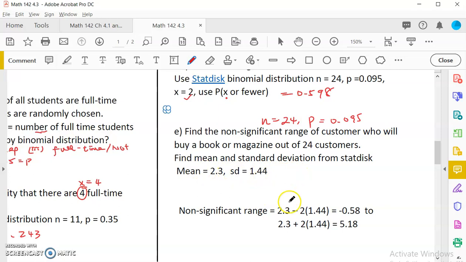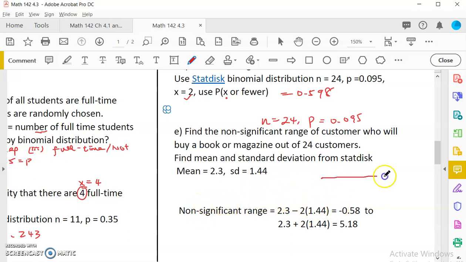So what is a normal range? When I say, usually what would I see? On average, out of 24 customers, 2.3 customers will buy books. But what is still something that we usually see, that I'm not surprised to see?